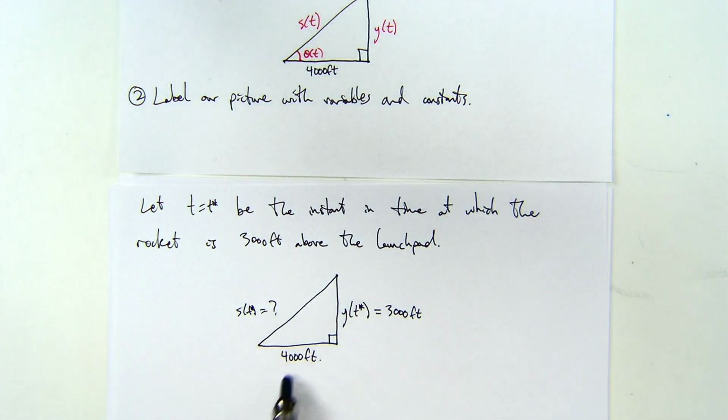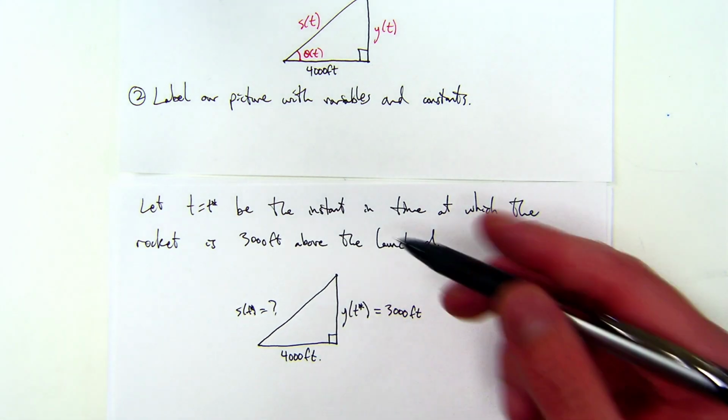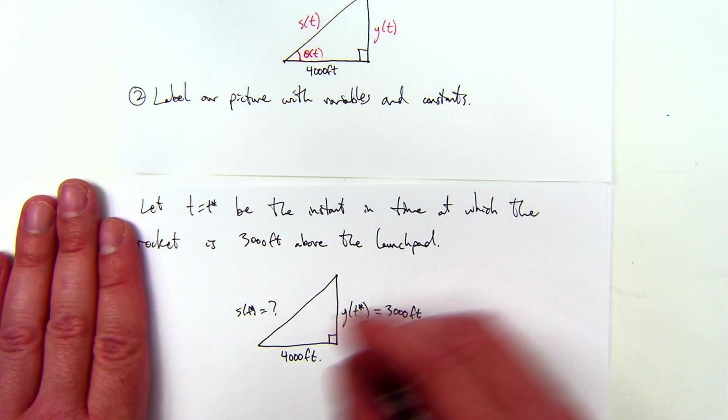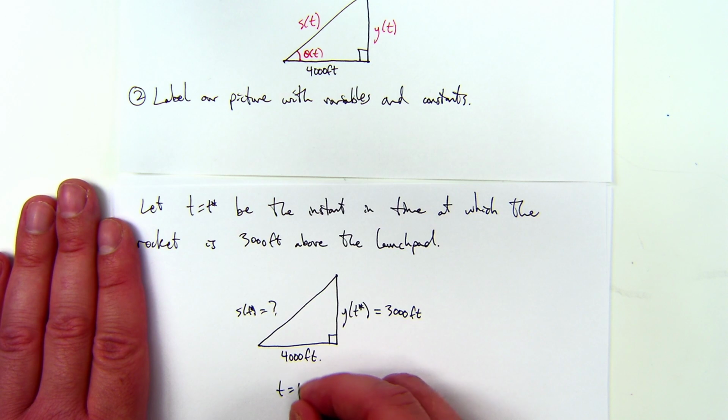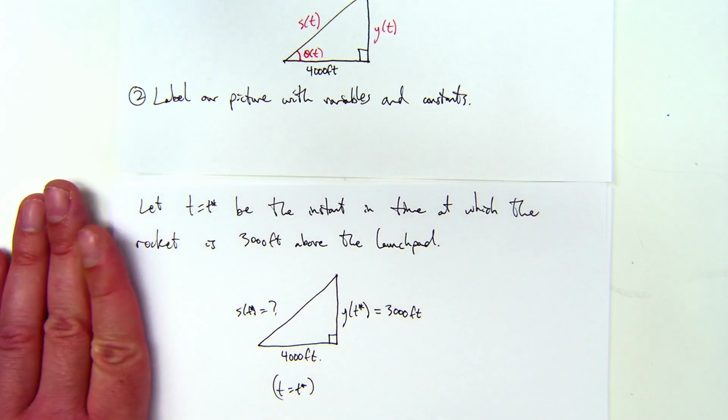Okay, so we have these bits of information, and so with these bits of information labeled, we should also consider perhaps the other piece of information. The rocket's speed is 600 feet per second, so the rocket is rising at 600 feet per second at this one instant in time, and so this is the snapshot t equals t star at one instant in time.